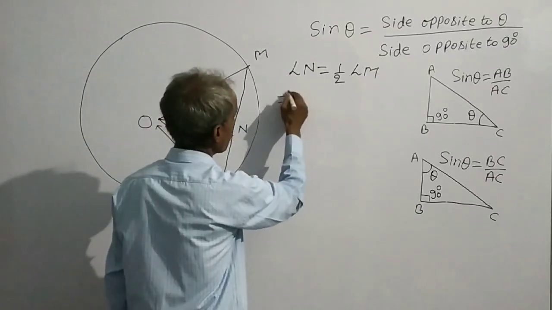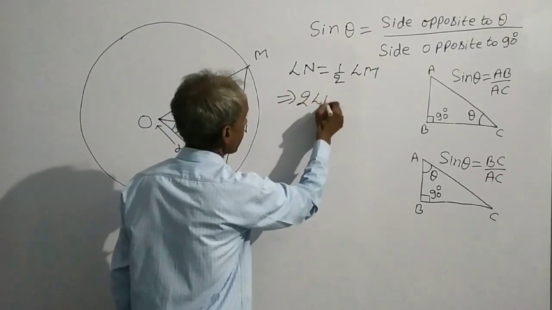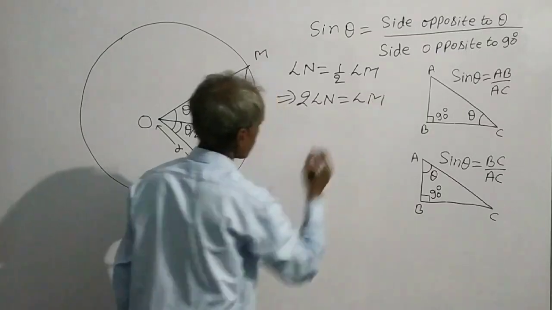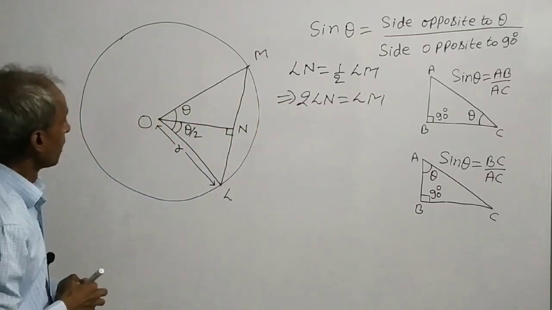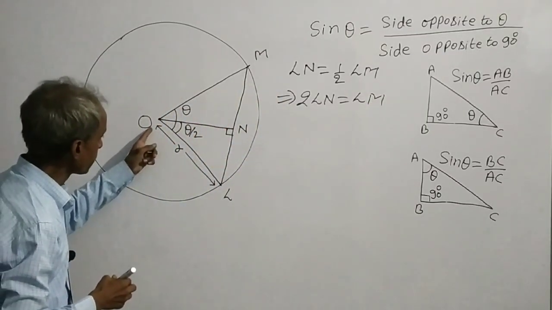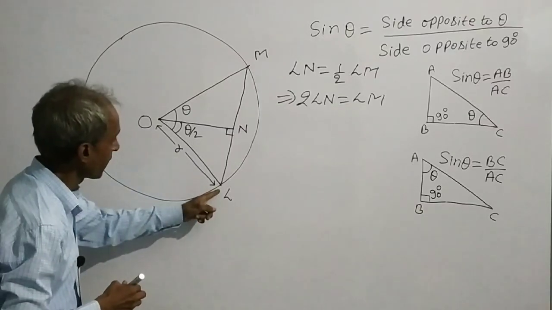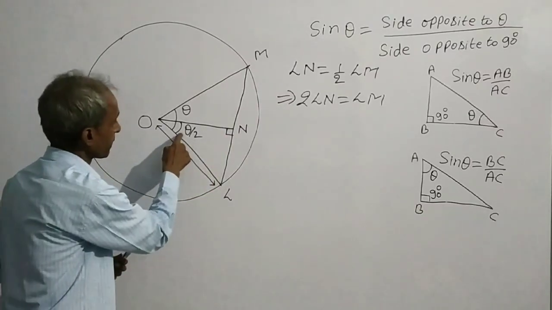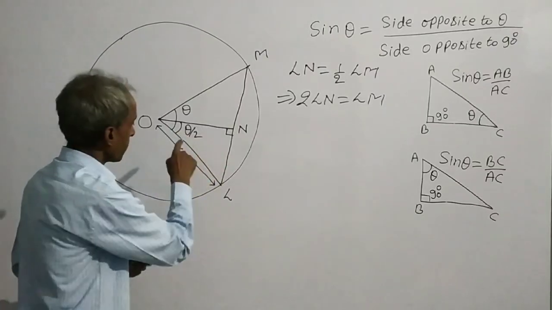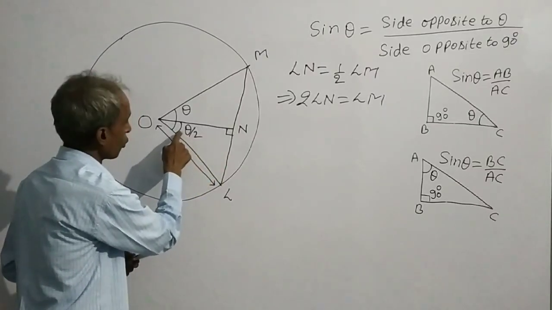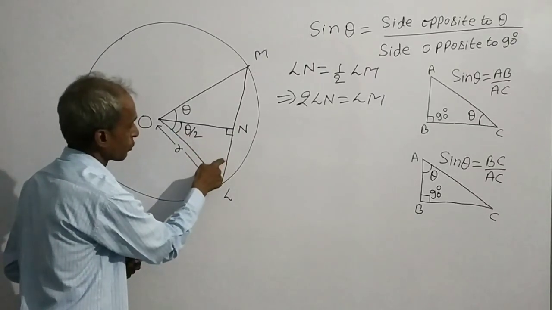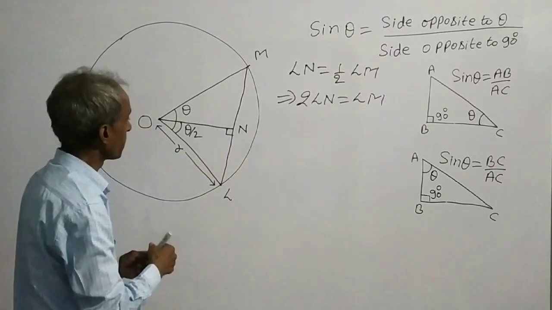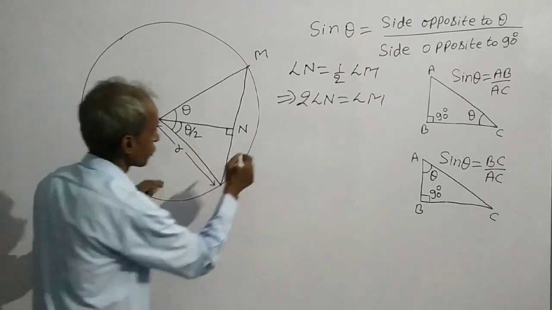That means 2Ln is equal to Lm. Now in this triangle OLN, the ratio of sides opposite to theta by 2 and opposite to 90 degrees will be equal to sin theta by 2.